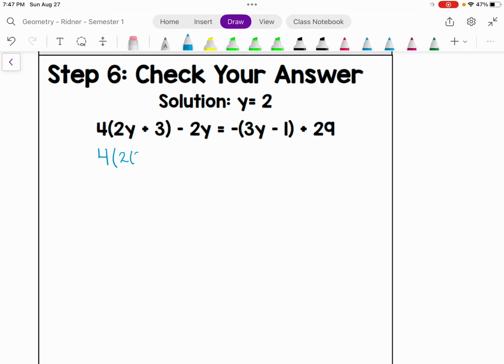So we just want to make sure that that works. Everywhere that there's a y, I am plugging in or substituting in a 2. Okay. Now, if you're feeling lazy, take your calculator and check that side, and then check that side on a different line in your calculator, and if they match, they're the same. I don't have my calculator next to me, so I'm actually going to do some math here.